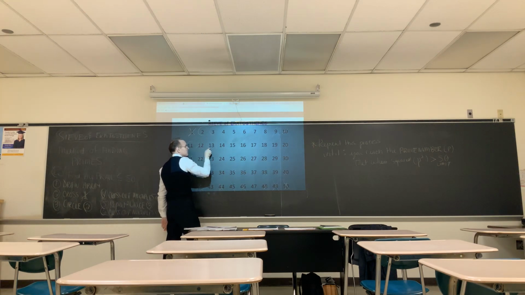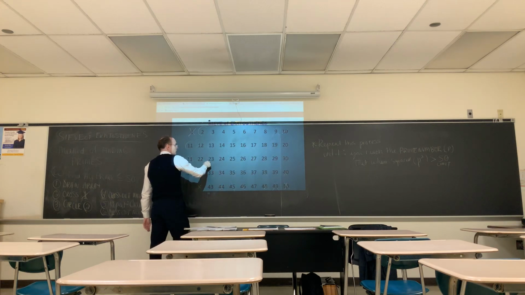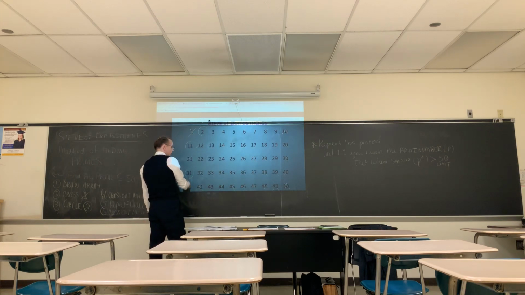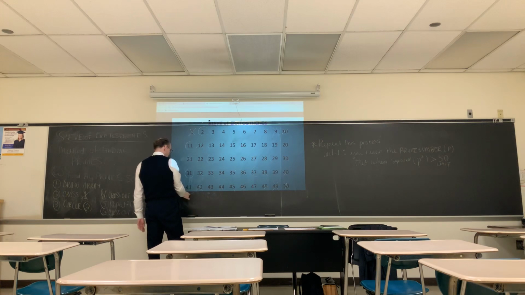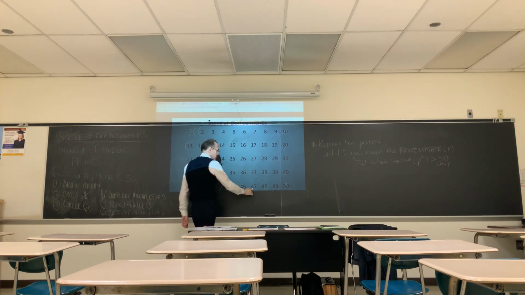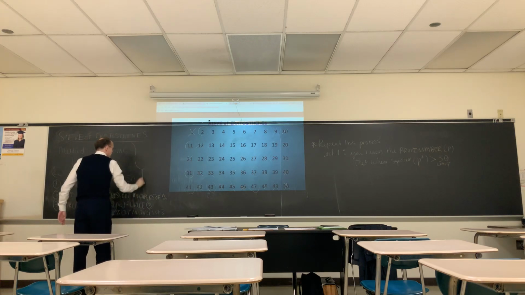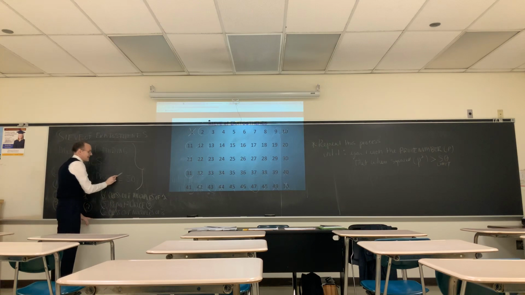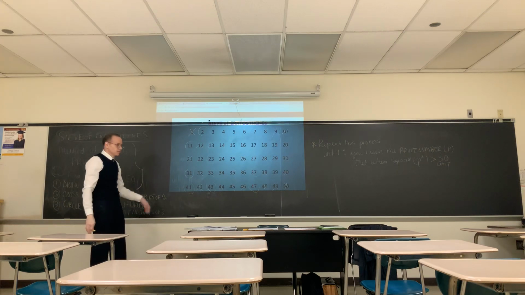Anyhow, 11, 13, 17, 19, 23, 29, 31, 37, 41, 43, 47. If we were set to the task to find all the prime numbers that are less than or equal to 50, in this case it doesn't include 50, because 50 is just not a prime number.